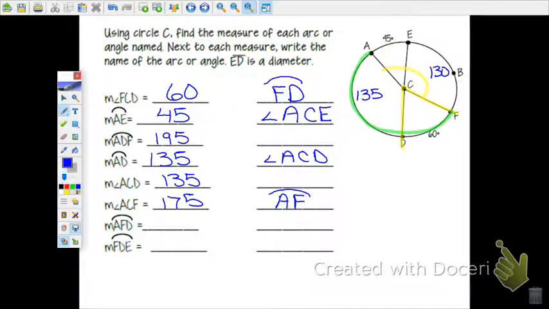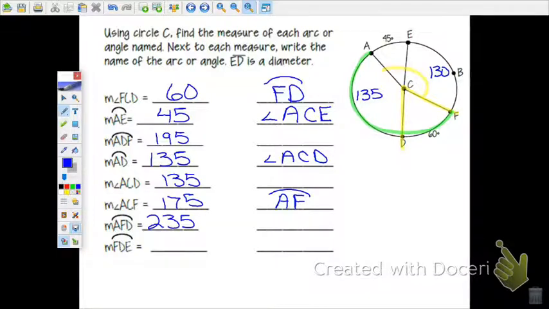So it's starting at A, it's going clockwise because it goes through F before it gets around to D. So we've got 3 numbers that we can add together. We can do the 45 plus the 120 plus the 60. So 225. Another way that we could have found that major arc, that previous piece we looked at said we could subtract the minor arc from 360.